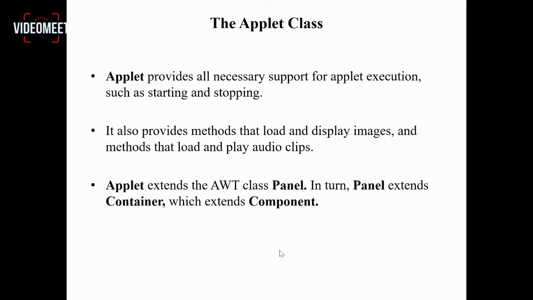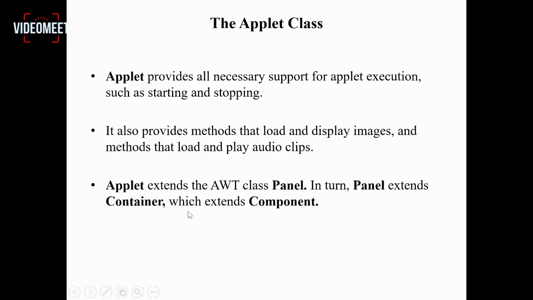But before seeing that, we'll see what are the different classes provided for us, which will be helpful for us in creating a basic applet window. So the Applet class extends the AWT class called Panel. That means the AWT package provides you with a predefined class called Panel, and the Applet class that is part of the applet package is a subclass of it.